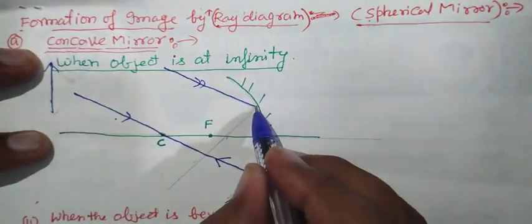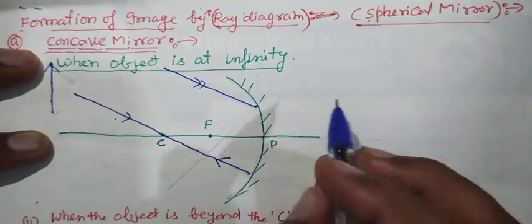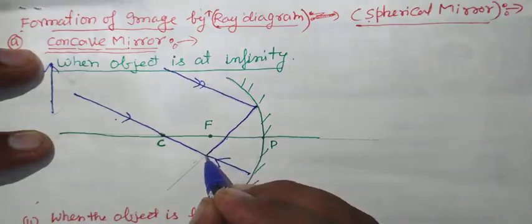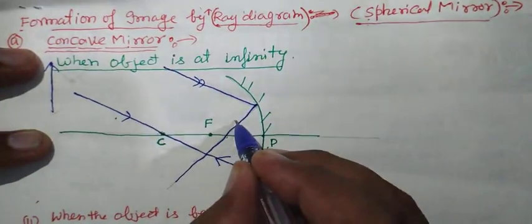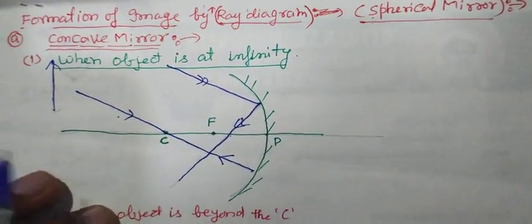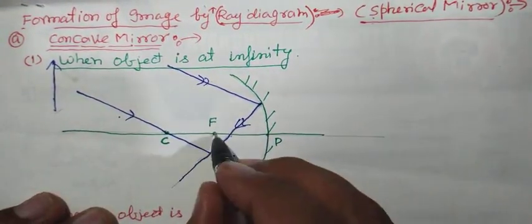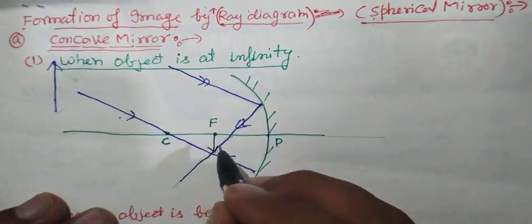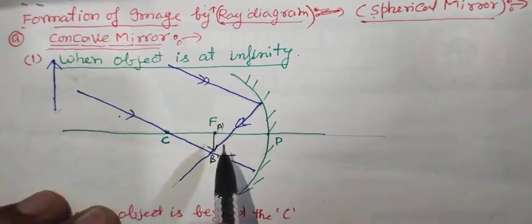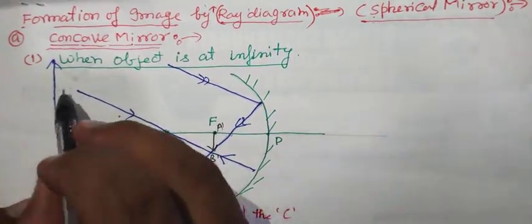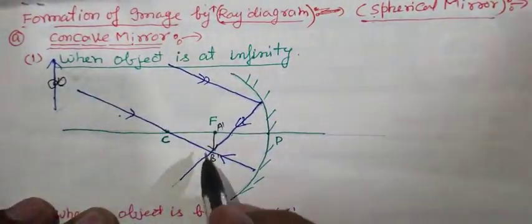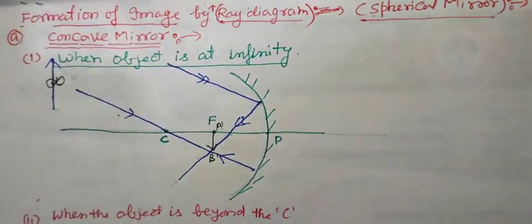We know the normal phenomena of reflection takes place here, where these two rays, first ray and second ray, will intersect, the image will be formed, A dash and B dash at focus. So whenever the object is at infinity, the image is formed at focus.